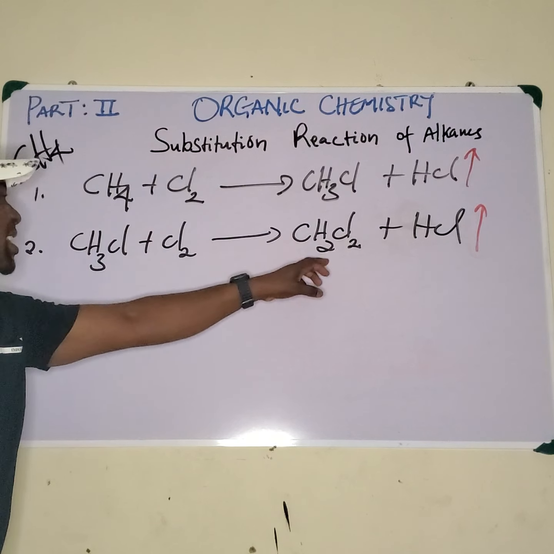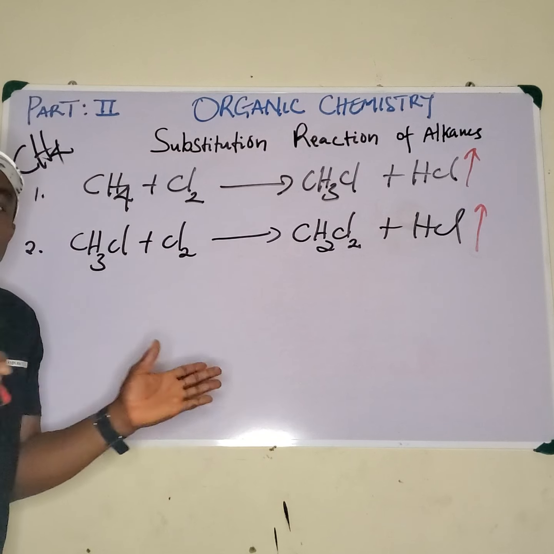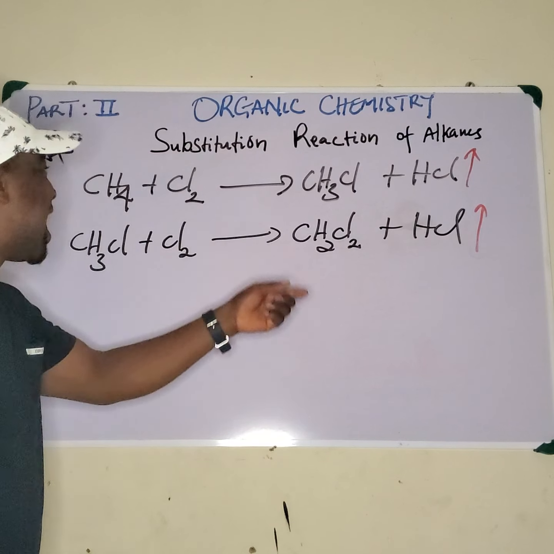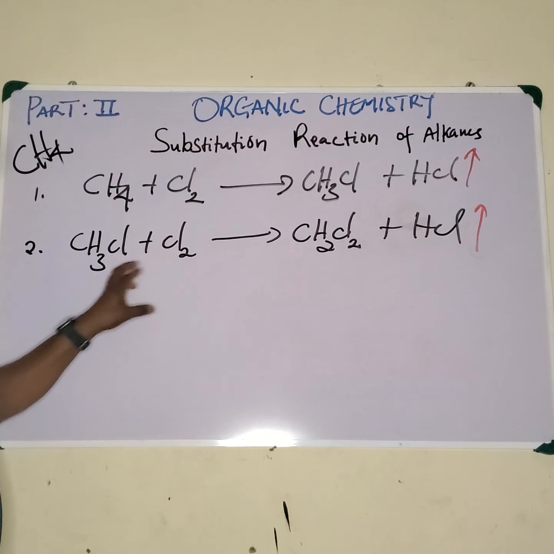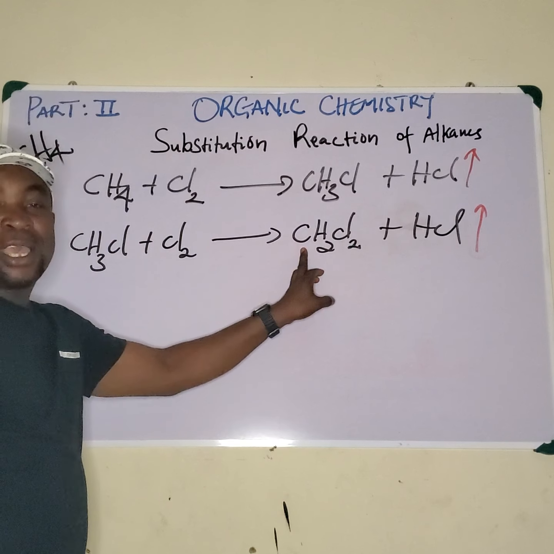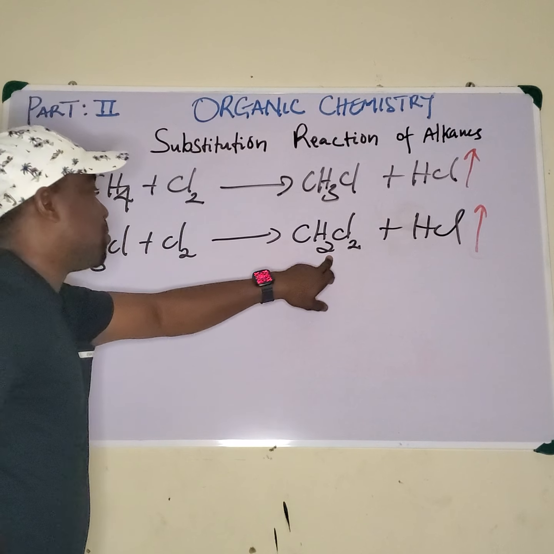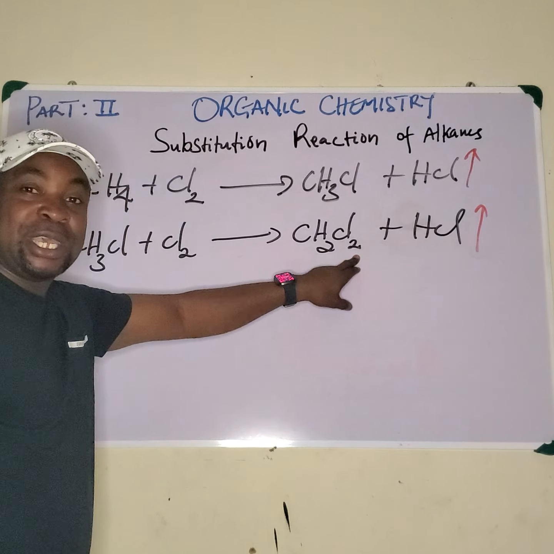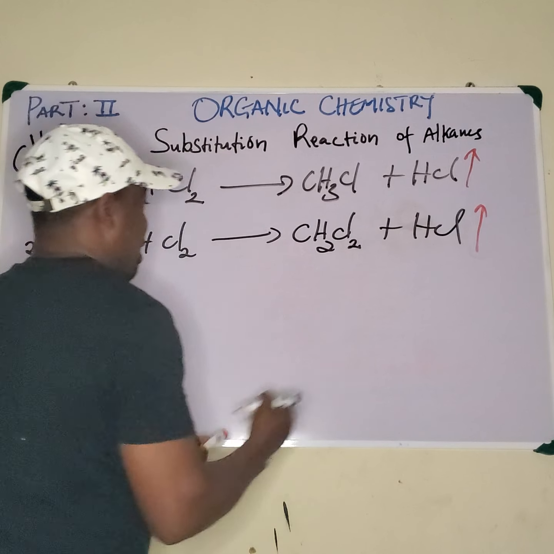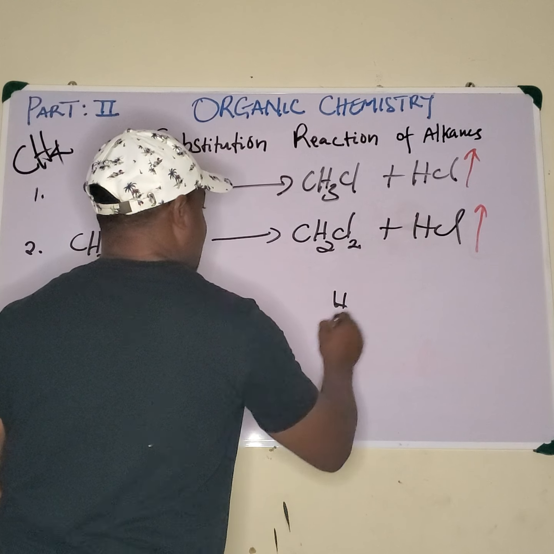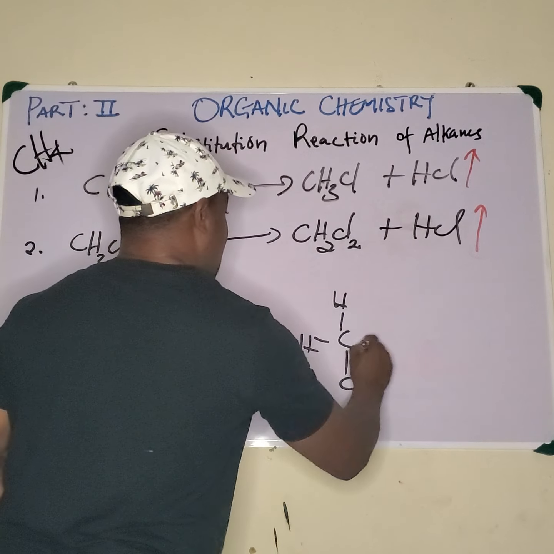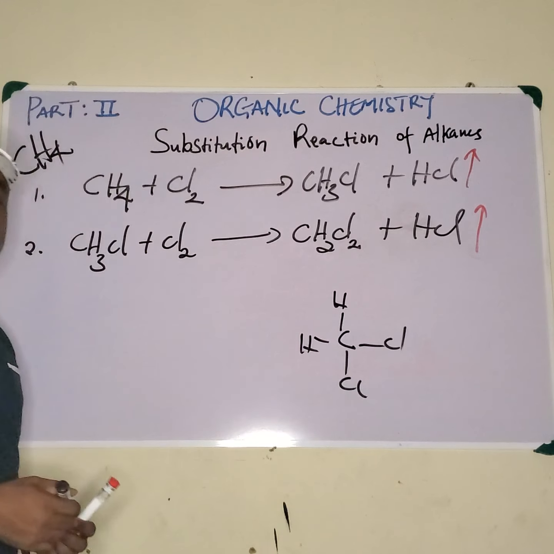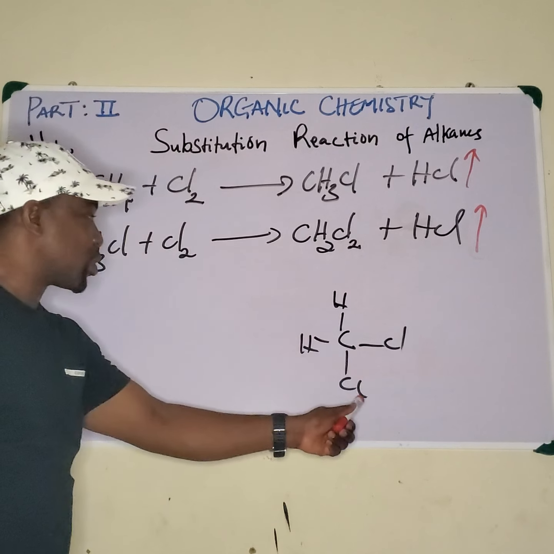Now two atoms of chlorine have substituted two atoms of hydrogen. So the structure goes this way: C, H, H, Cl, Cl.